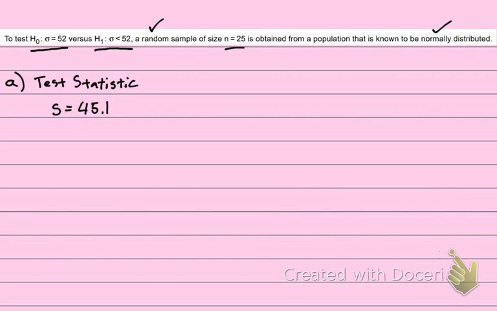Okay, since this is standard deviation, it's going to be a chi-squared. So chi-squared naught, I guess we could say. And we have a formula for that. The formula is n minus 1 times the s squared over the sigma squared.